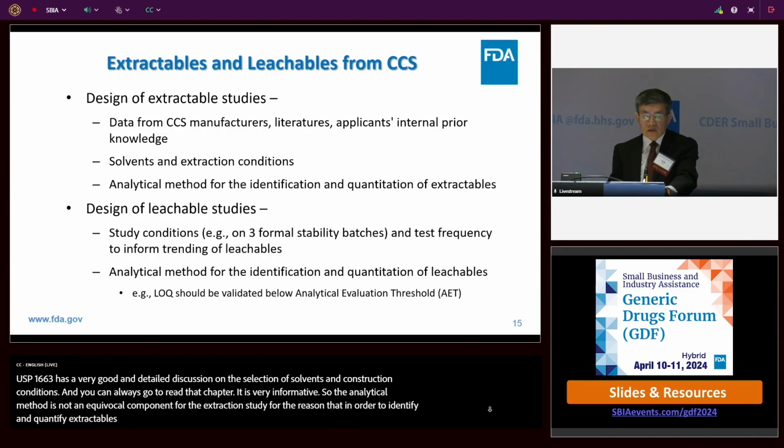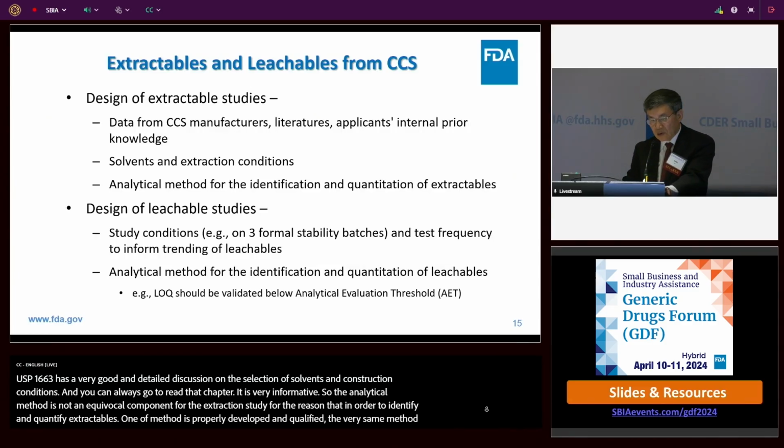When the method is properly developed and qualified, the very same method could be used later on for leachable studies, which is the next topic, design of leachable studies.